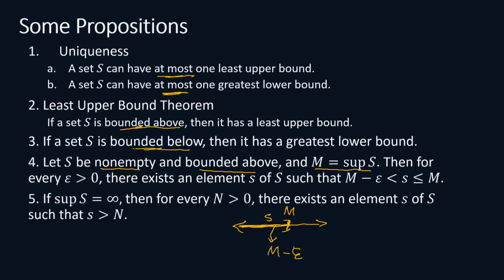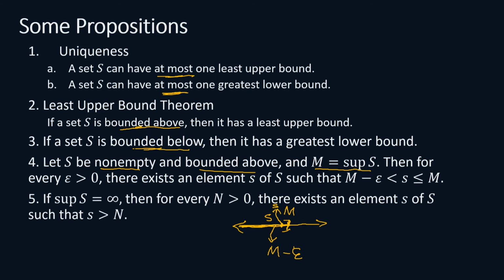So epsilon is that length. So we can identify an element s here in between M minus epsilon and M. It's also possible that the element s is equal to M, which is the supremum.